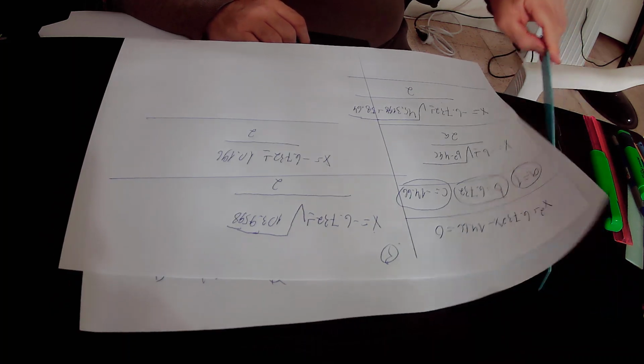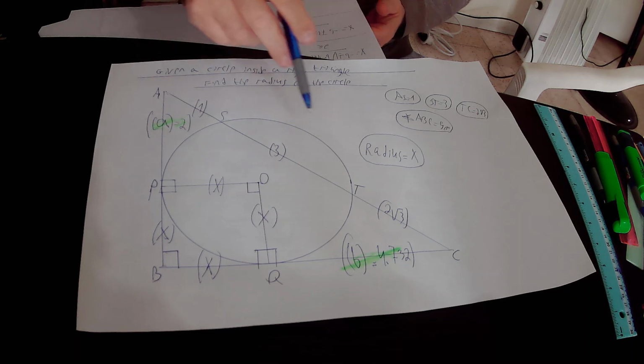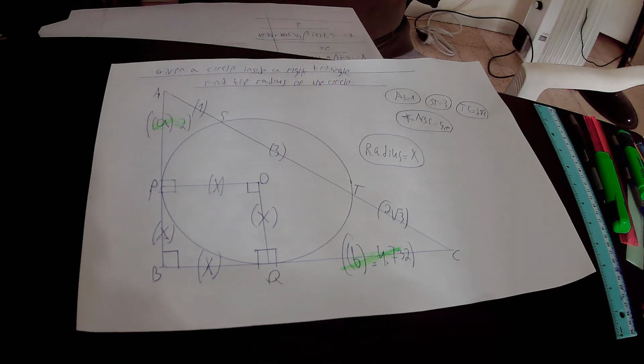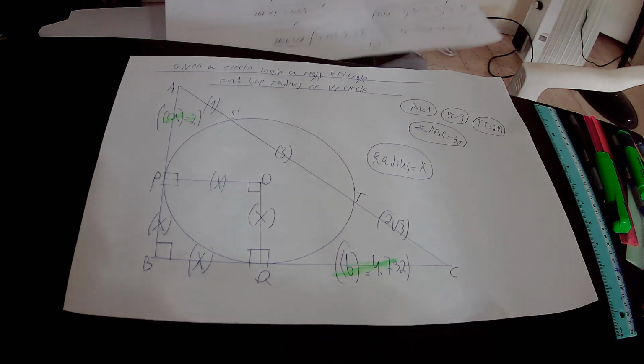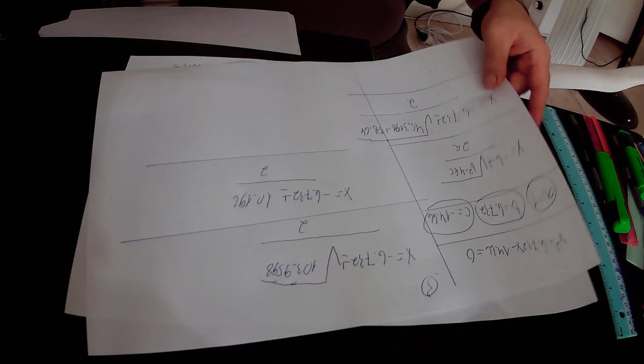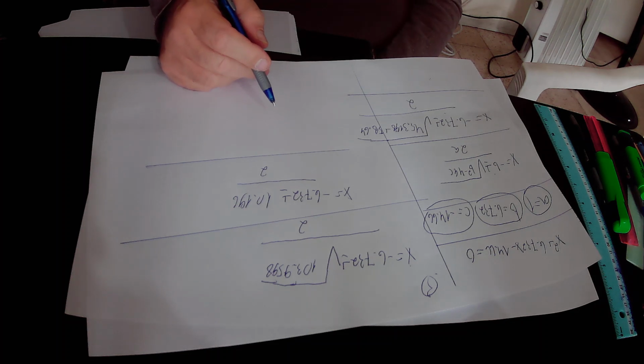Because according to our definition, x is the radius of this circle. So x is a radius, a length, and therefore it must be a positive number. Therefore the negative solution for x is an incorrect solution. We cancel the negative solution, so we are left only with the positive solution for x.